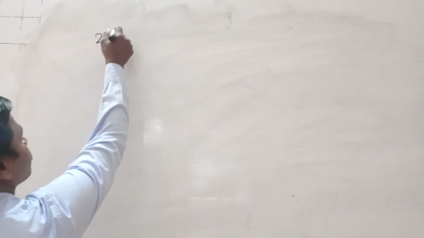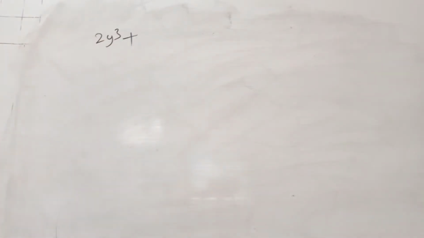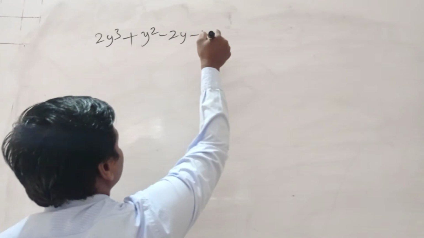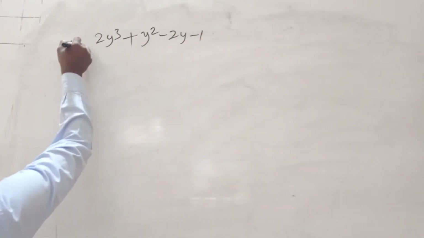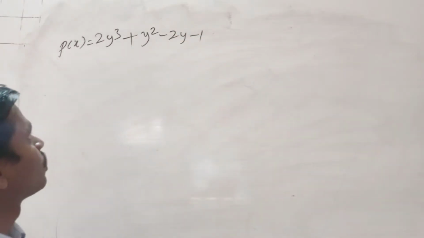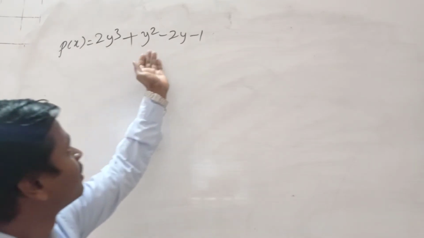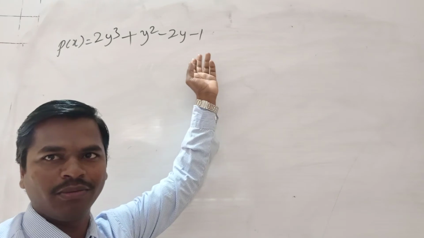The given polynomial is 2y cube plus y square minus 2y minus 1. P of x equal to 2y cube plus y square minus 2y minus 1. This is the given polynomial. We should factorize this one.